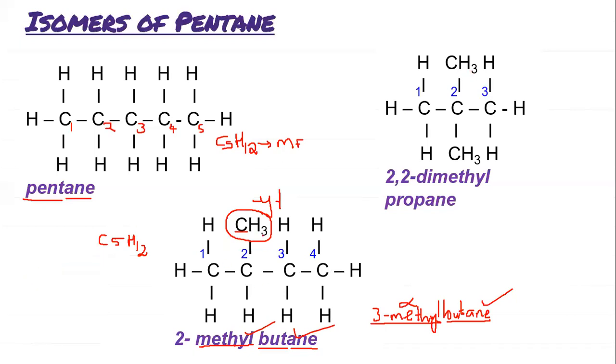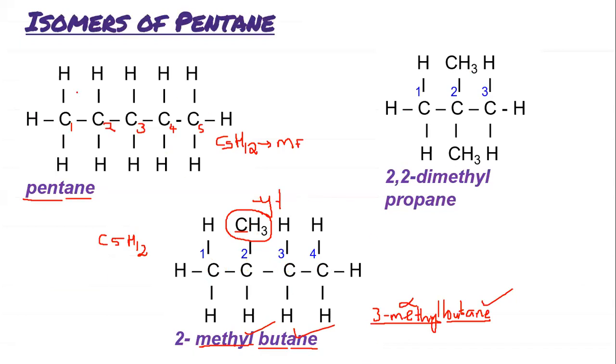So now you have a branched chain. What else can you do? Someone can say, but I can shorten the parent chain even further. Instead of making it 4 carbons long, let me make it 3 carbons long. If you make it 3 carbons long, it means the 2 other carbon atoms are going to form part of the substituent.